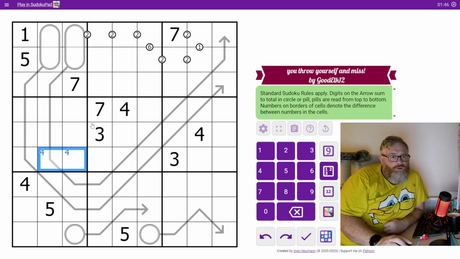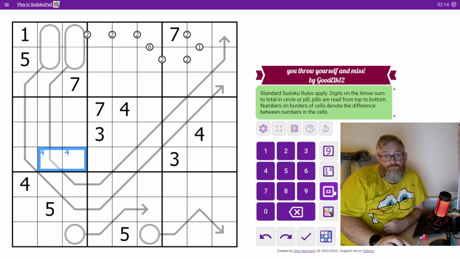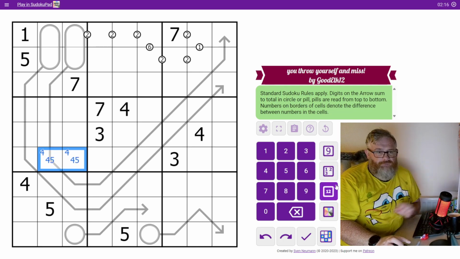If we imagined there wasn't a 5 there, for instance, and there was a 5 here and a 5 here, then we would know there would be 2 5s. 5 would be in either of those boxes. They then would be a hidden double. So we could say that they would be 4 and 5, which we would mark using the center notation.